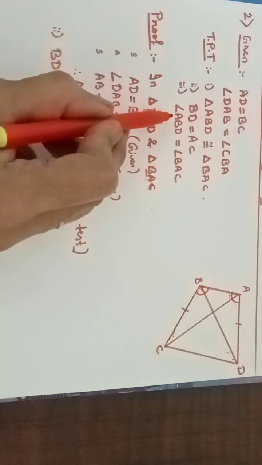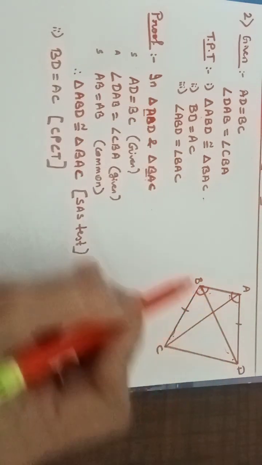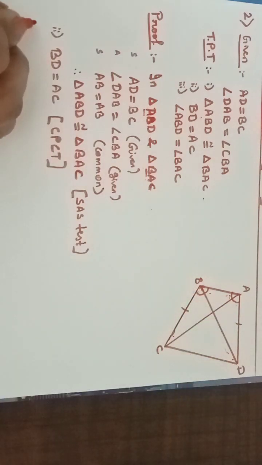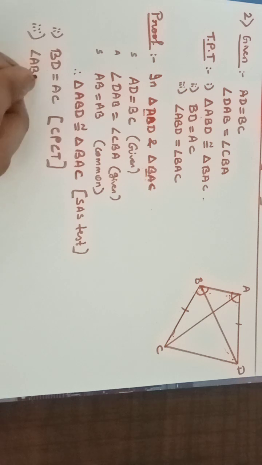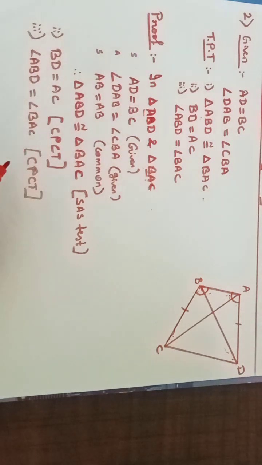Third part we have to prove: angle ABD is equal to angle BAC. Again we can write it directly. Angle ABD is equal to angle BAC. Reason is corresponding parts of congruent triangles, CPCT.